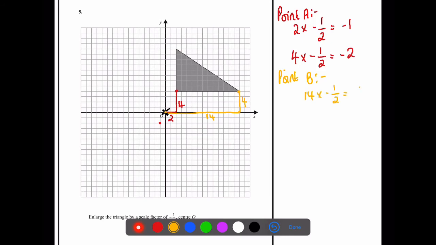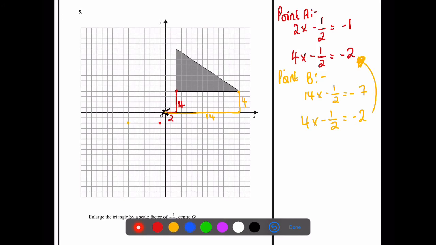Well, 1/2 of 14 is 7, so it's going to be -7. And 4 times -1/2 is -2, because we did it there. Okay, so from our centre point then, we are going to go -7, -2. Okay, let me do this. 1, 2, 3, 4, 5, 6, 7, 1, 2, so there.